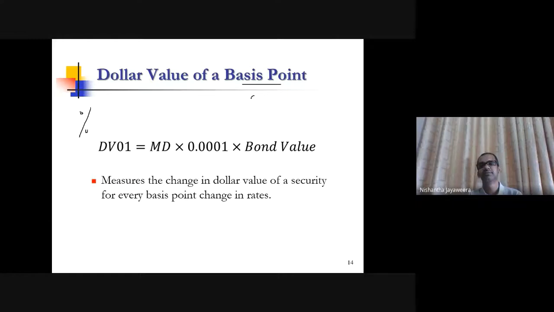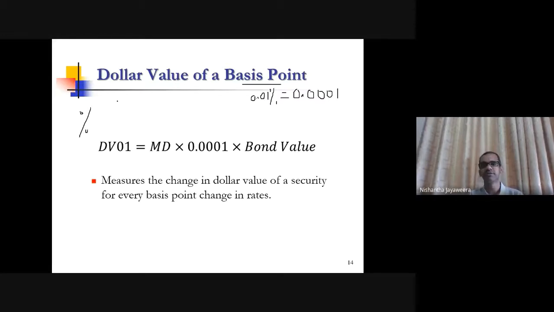1/100th of a percent, 0.01%. This is the value of a basis point. If you convert it into a decimal, it is 0.0001.